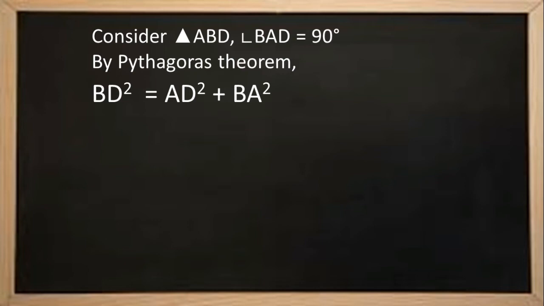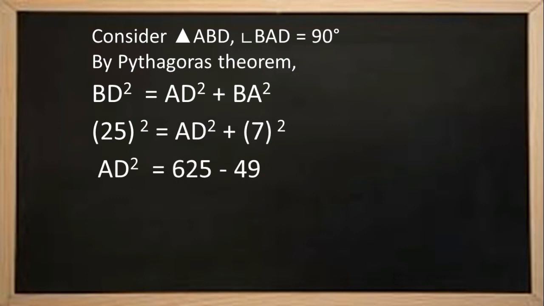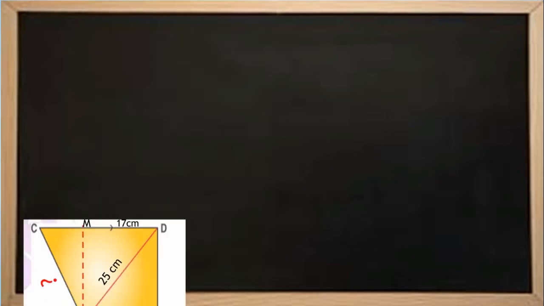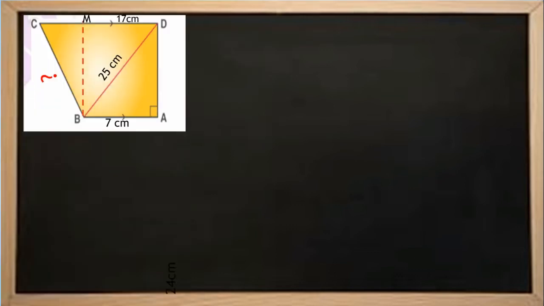The value of AB is given as 7 and BD is given as 25. Hence find out AD. AD will be equal to 24 centimeter. Consider the diagram, children. In the diagram, fill AD as 24 centimeter, the value we have calculated in the first step.